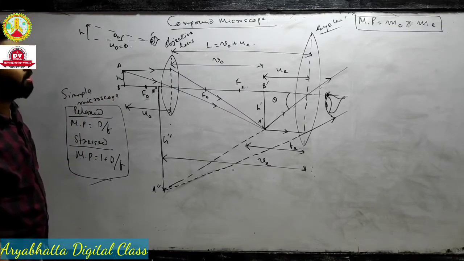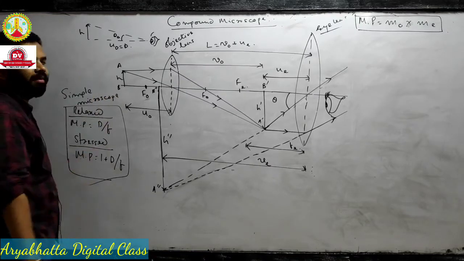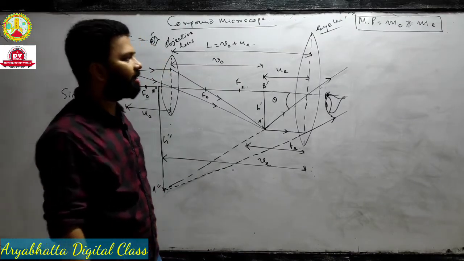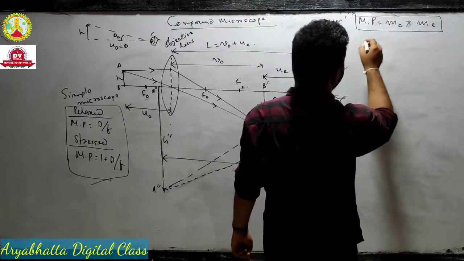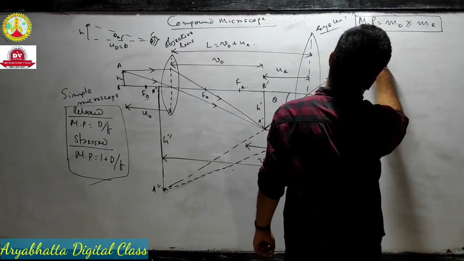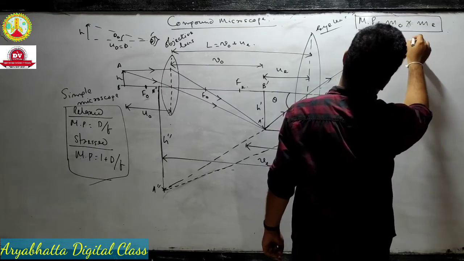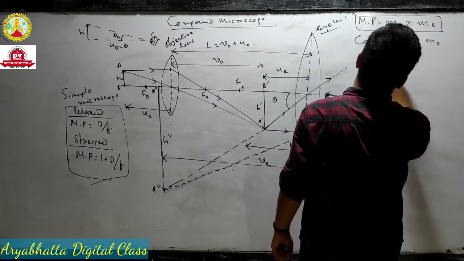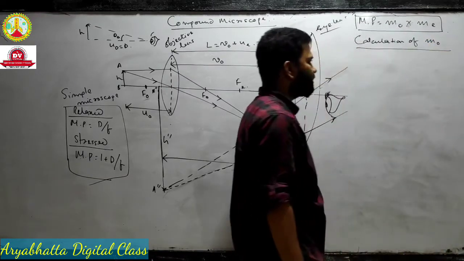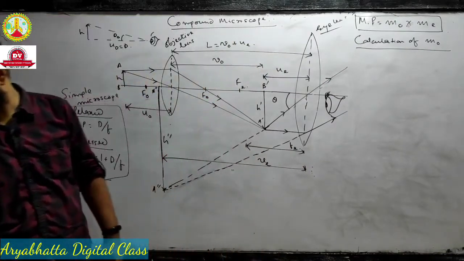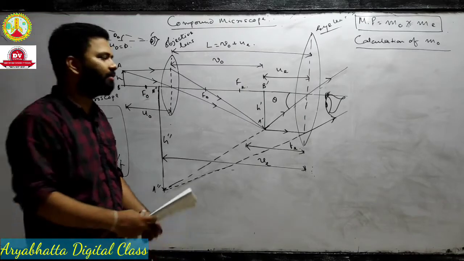So now we will go for the calculation of MO, that is, the calculation of the magnification produced by the objective. First do it one by one. MO is nothing but the magnification produced by the objective lens.